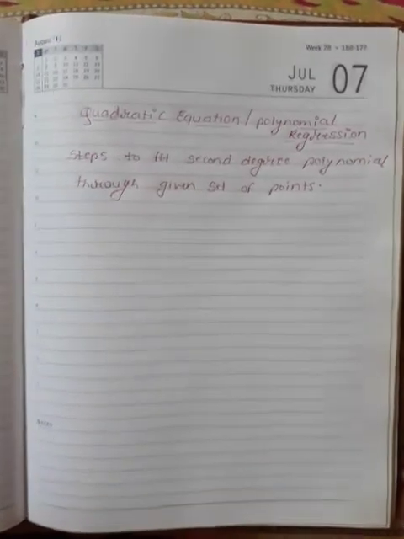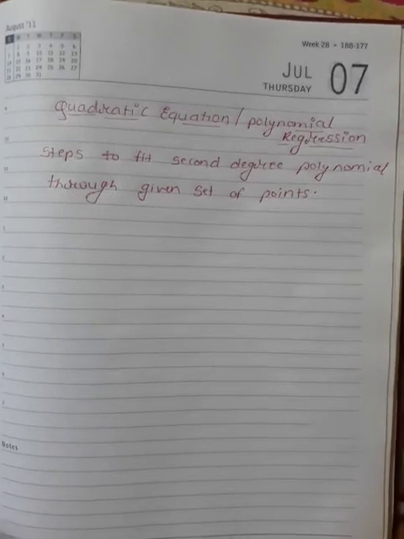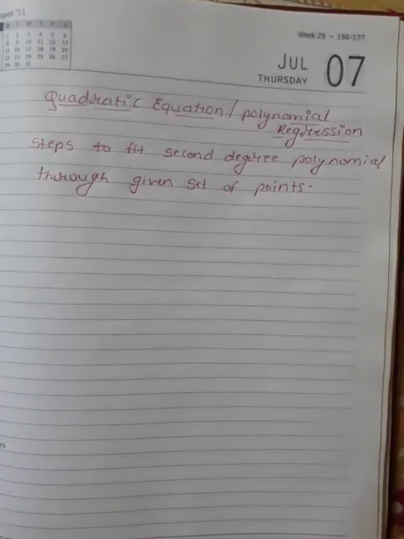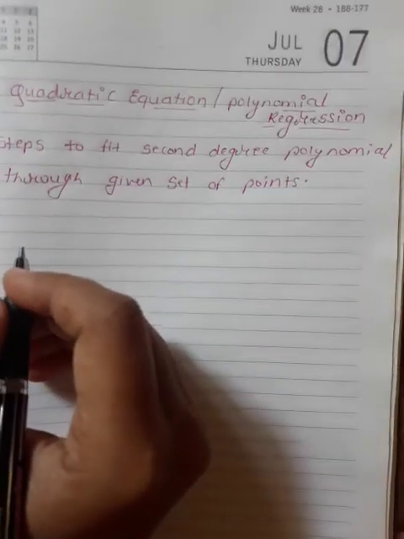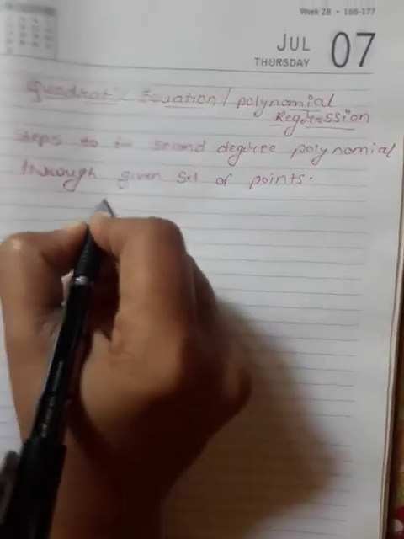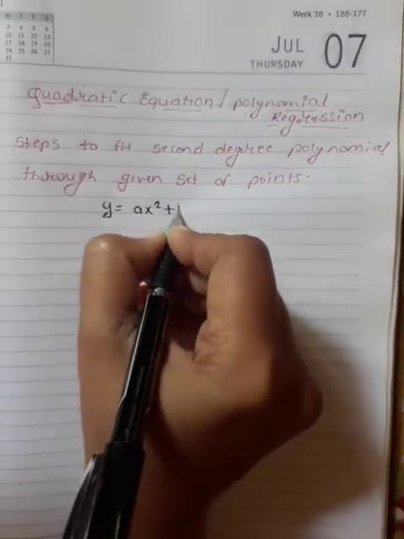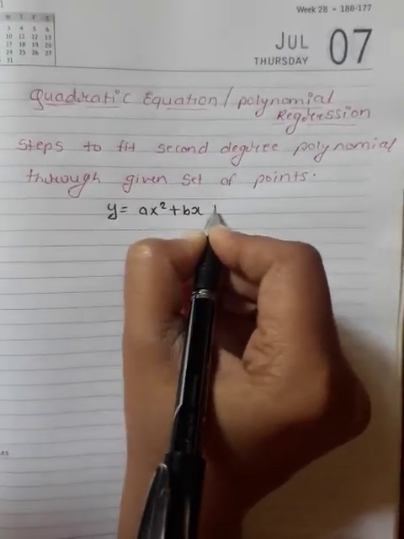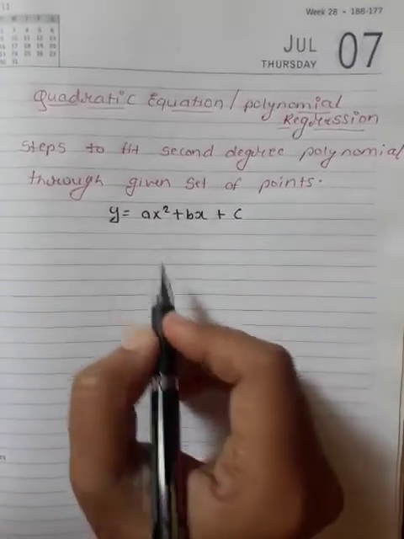This video is about the quadratic equation, or polynomial regression. So, basically, what is the quadratic equation? The quadratic equation is written as y = ax² + bx + c.